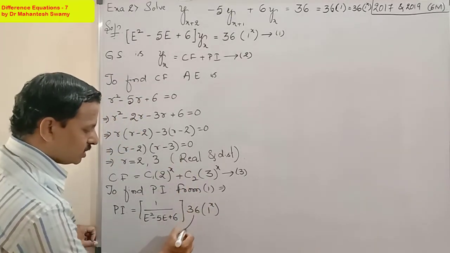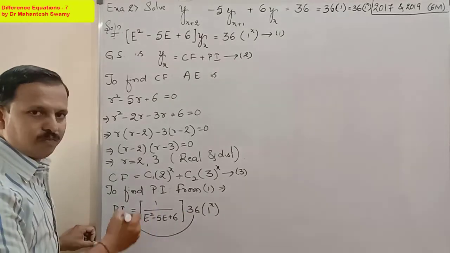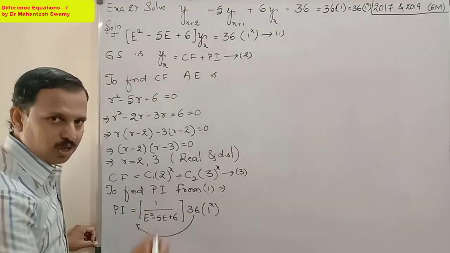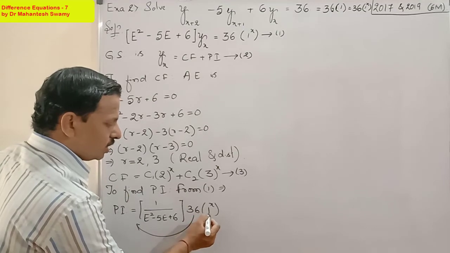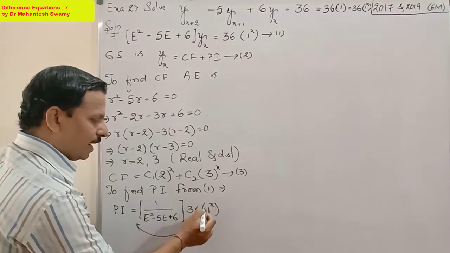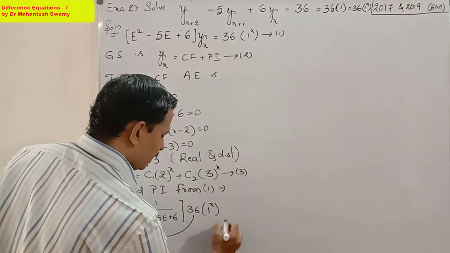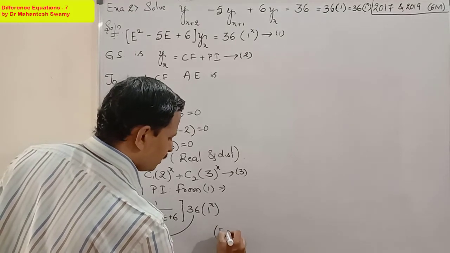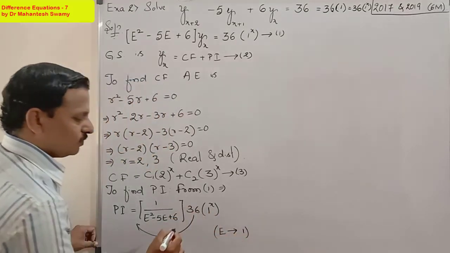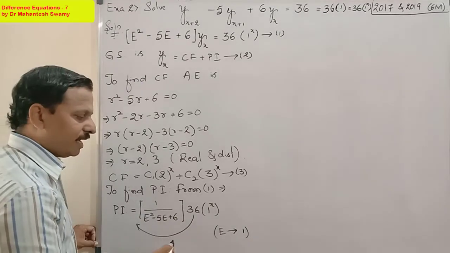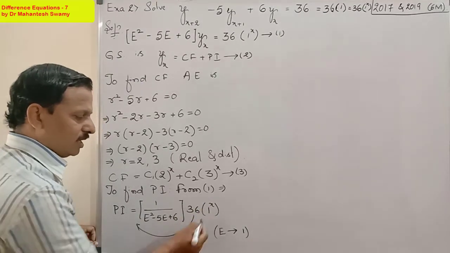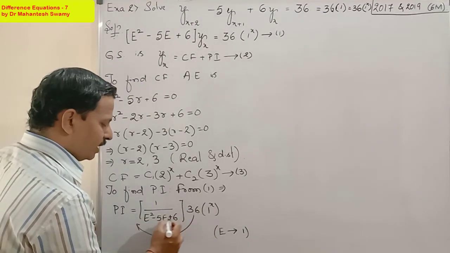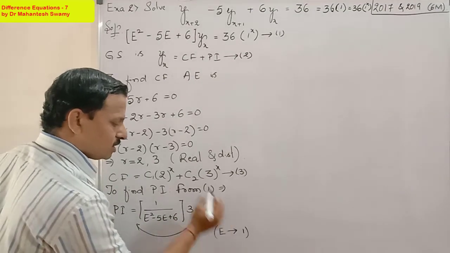Now this 36 can be taken out without any difficulty because it is a constant, and 1 to the power x can be handled simply by replacing E with 1, because we replace E by a if it is a to the power x. Here it is 1, therefore wherever E is there, write it as 1.